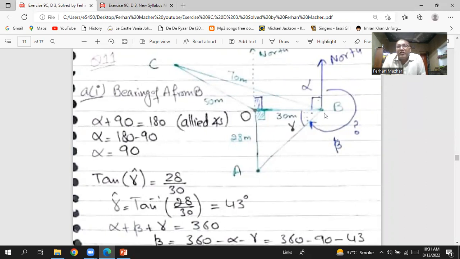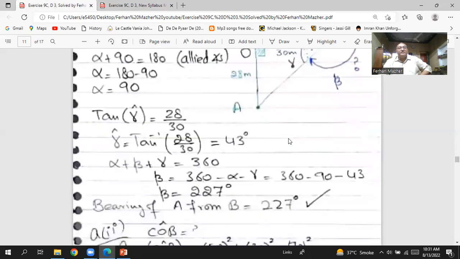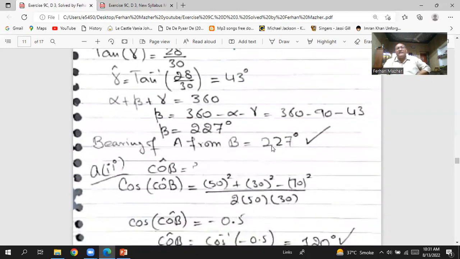So on the B, we will have the north. From that north, you will go clockwise to the BA line. So I want to know this angle beta. The sum of these three will be 360. So alpha plus beta plus gamma will be 360. So beta will be 360 minus alpha minus gamma. So 360 minus 90 minus 43, and beta will be 227 degrees.